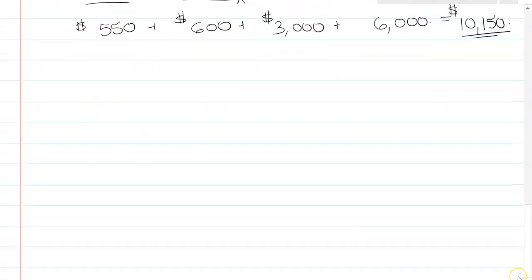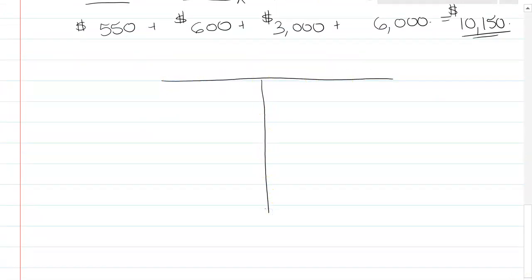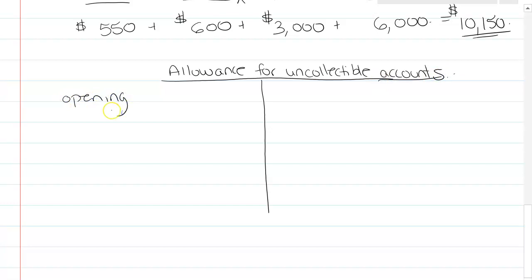Now the next step is I usually like to open up a T account for my allowance for uncollectible accounts. Let's pretend that we have an opening balance of $6,500.